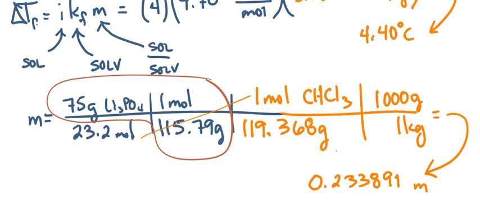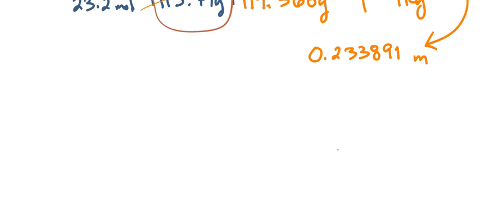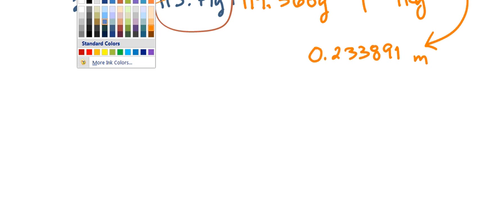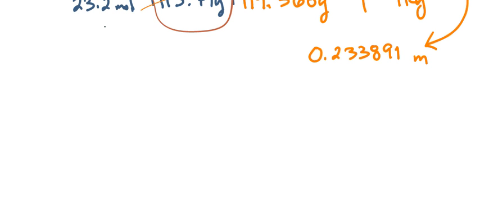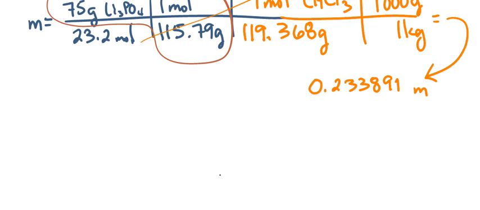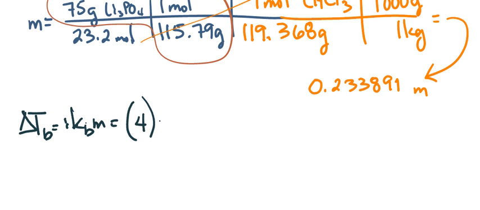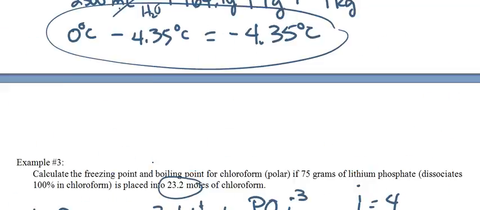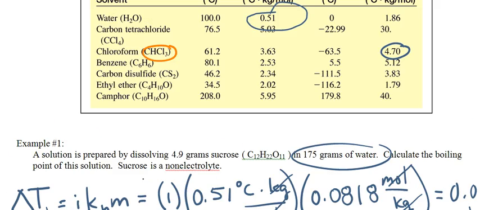Alright, let's do the boiling point real quick. Let's get the pen back to a normal color. So, boiling. So T sub B, i, K sub B, molality. Again, van't Hoff factor is 4. Now the K sub B is a little different.